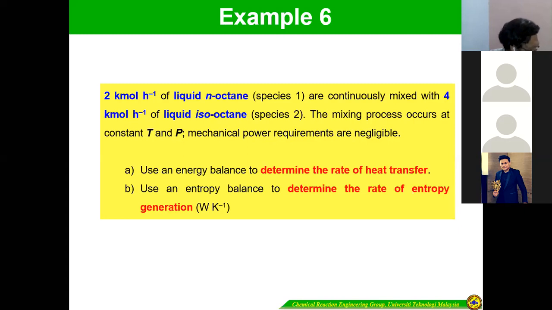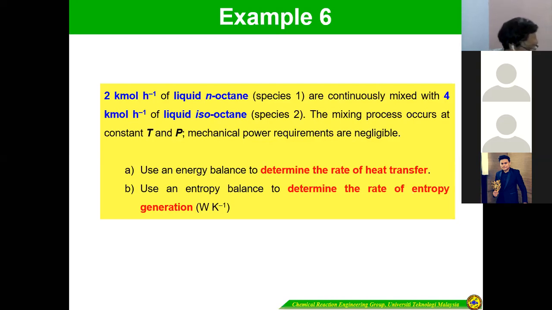Another method is Chen's method, if you remember. But if you use Trouton's rule, the accuracy is not really accurate, it's just about 30% accuracy. Or you can just take the heat of evaporation from the boiling point of the components there, or the melting.